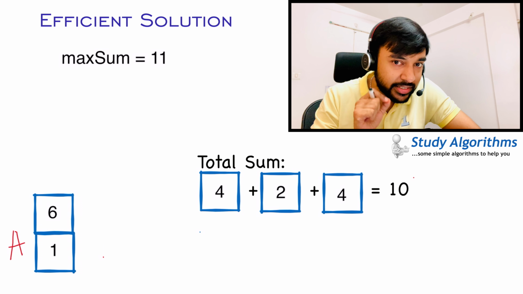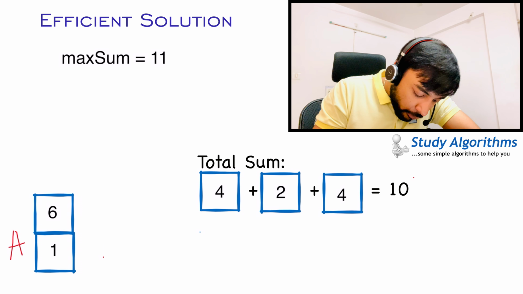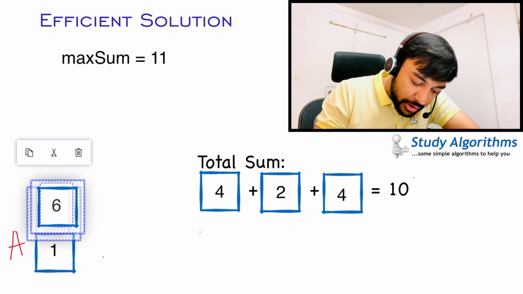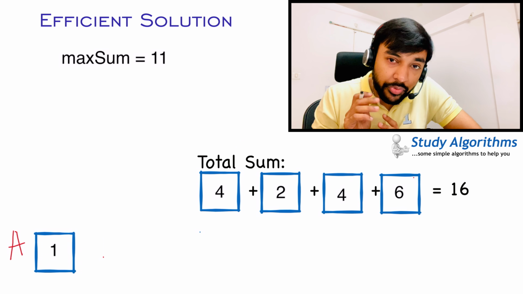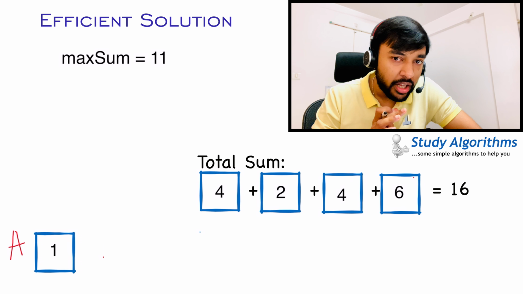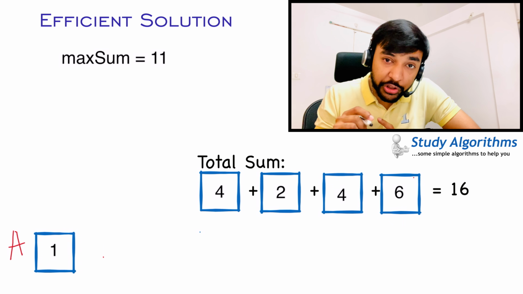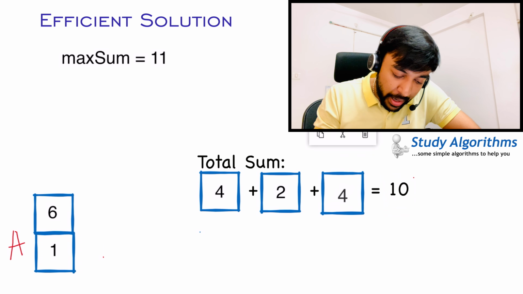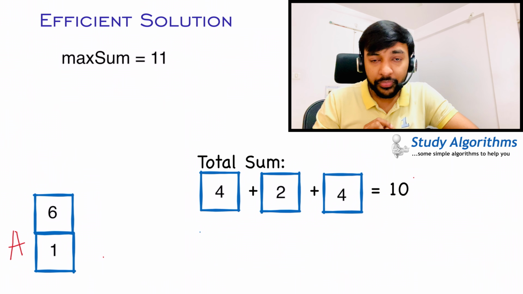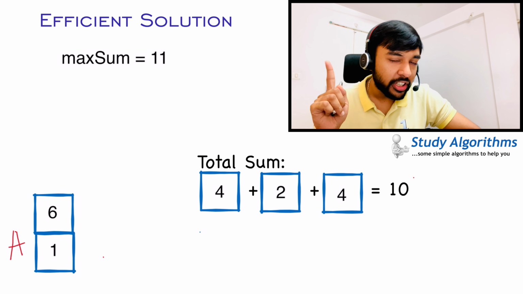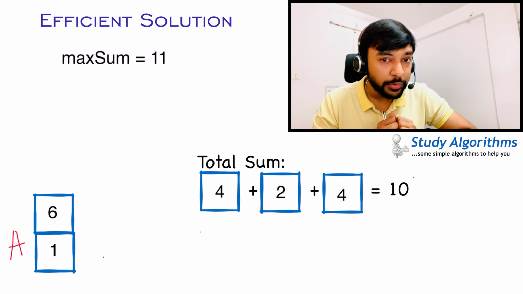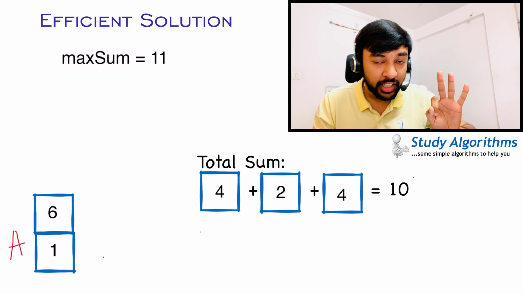It is still less than the max sum, so you take up the next element and add it. Now our sum becomes more than the max sum, right? So you would put back the element number 6. So if you just had one stack, then the maximum score that you could get was 3, right?